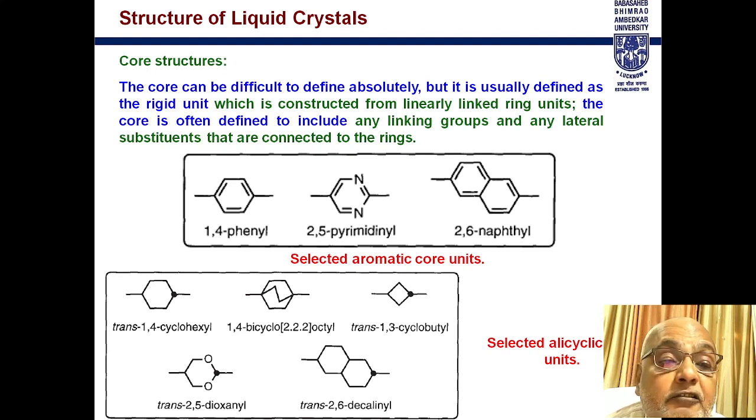The core is often defined to include any linkage group and any lateral substituent that is connected to the ring. These are a few examples of the core structure, like 1,4-phenyl, 2,5-pyrimidine, 2,6-naphthalene. And there are some cyclohexane type structures also in the core form.